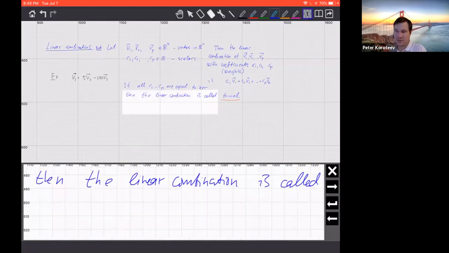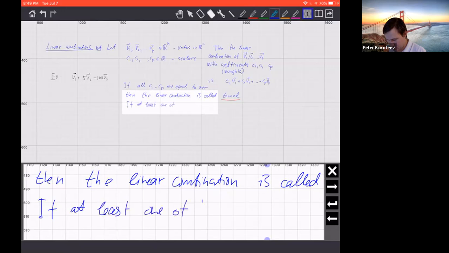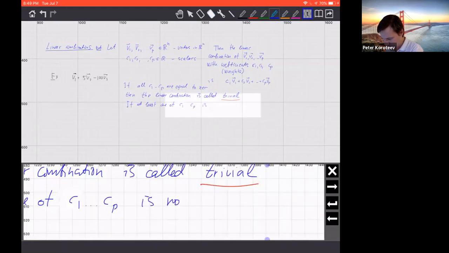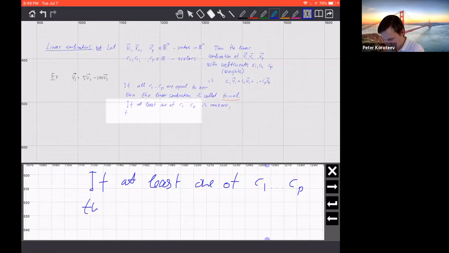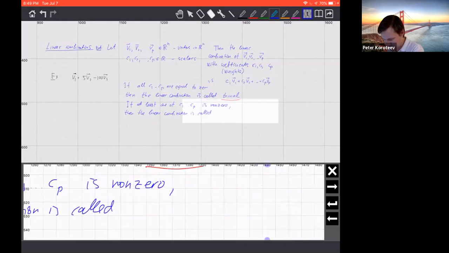And if at least one of c1 through cp is non-zero, then the linear combination is called non-trivial.